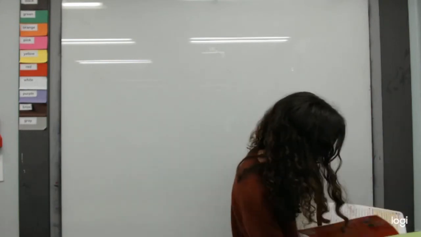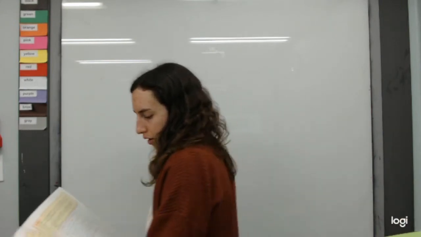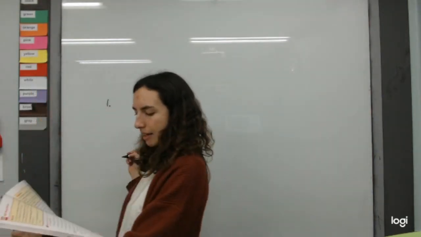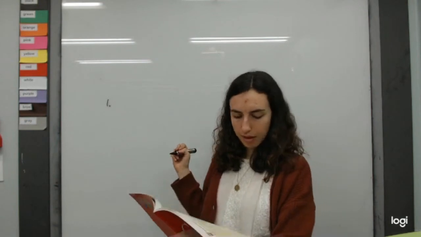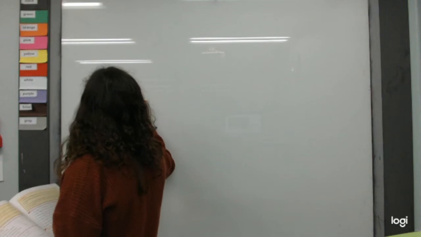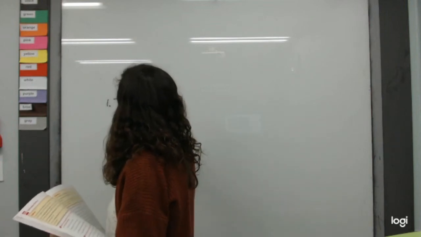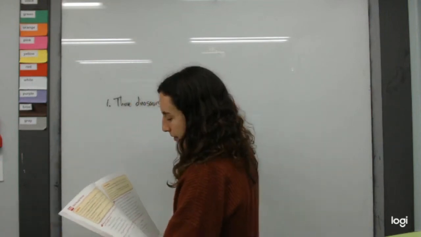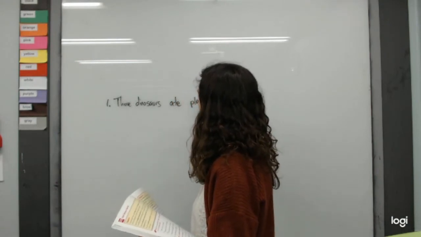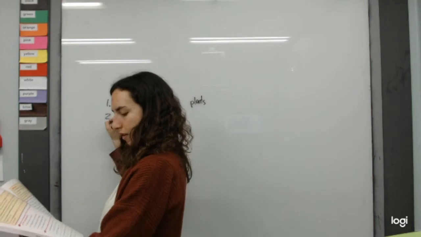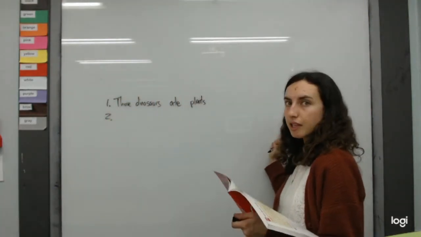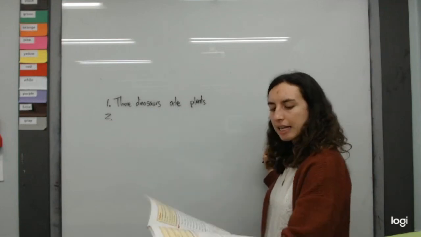So let's do the next part together as well. So number 1, we have to make a past tense sentence with these words. So we can say, those dinosaurs, and then eat past tense is ate plants. The next part, lions sleep now. Present continuous. Present continuous means we need ing.